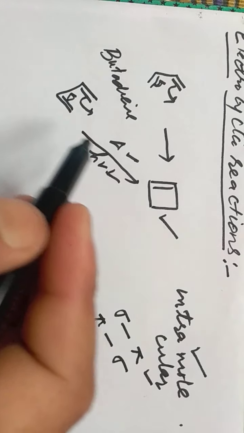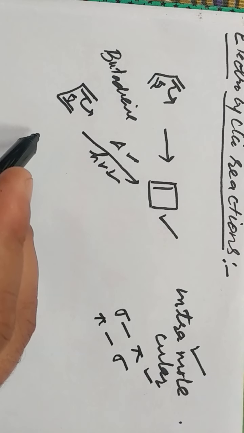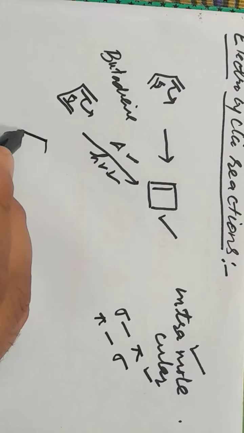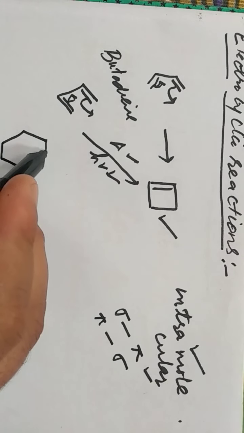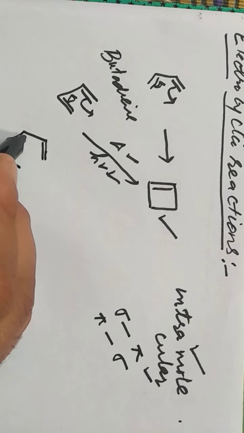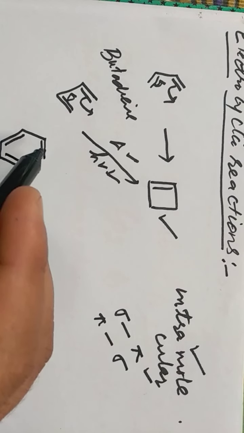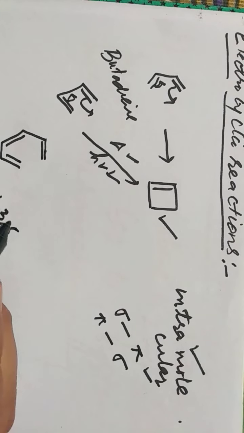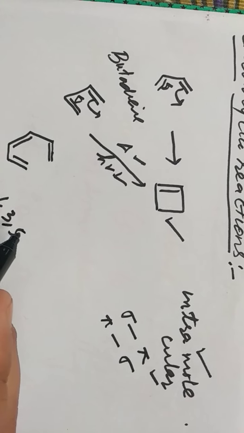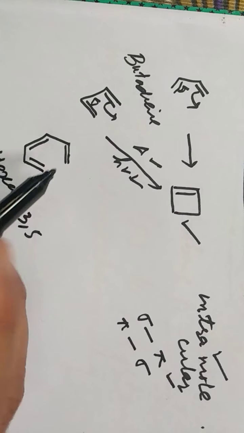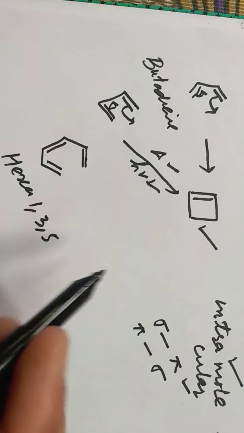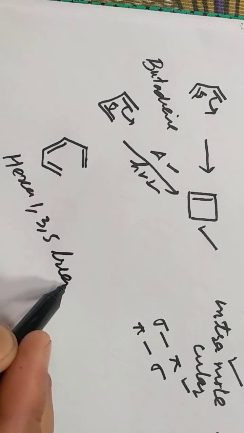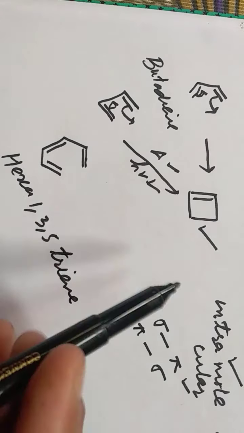Now we take another example here. This is our hexa-1,3,5-triene. Now what happens?